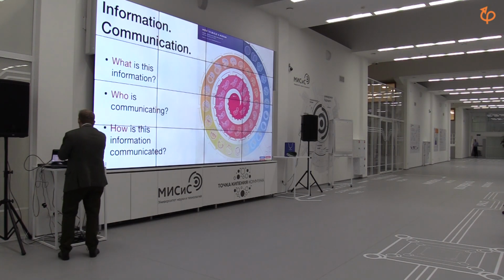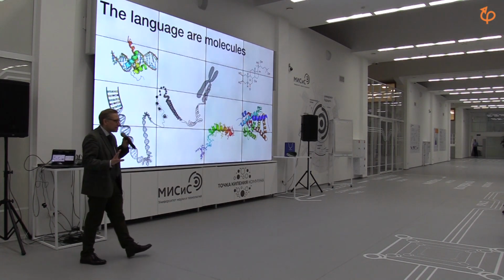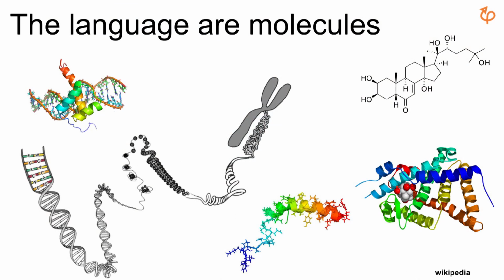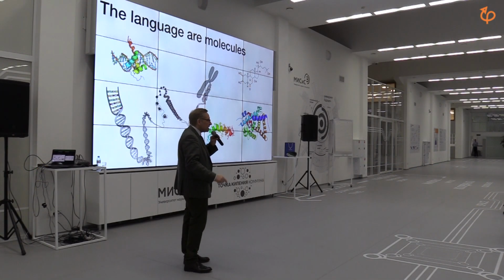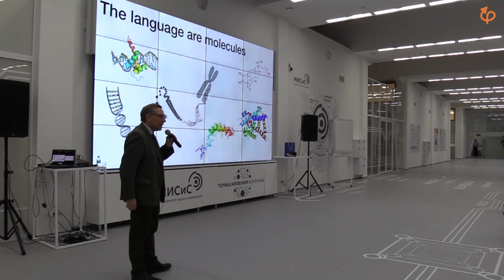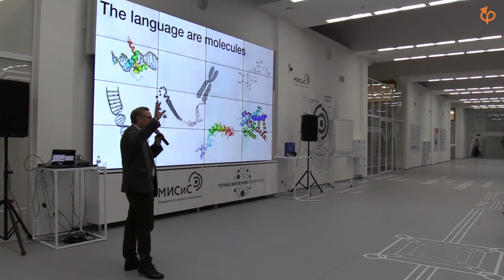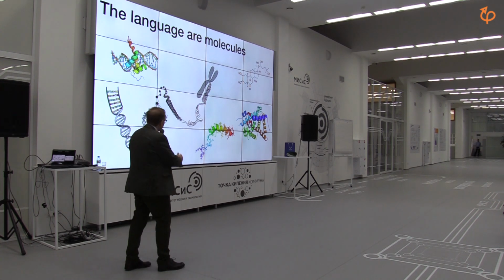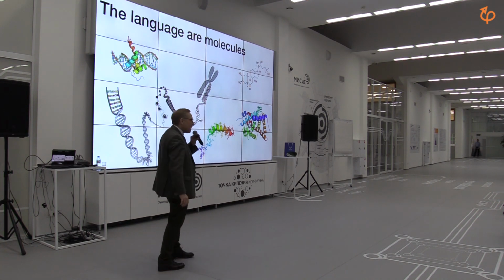It should be clear, and this is not only my bias as a molecular biologist, that the information is carried by molecules, okay? Here I show you different kinds of molecules. In the middle, you see the DNA, the huge molecule you have packed in chromosomes in cells.